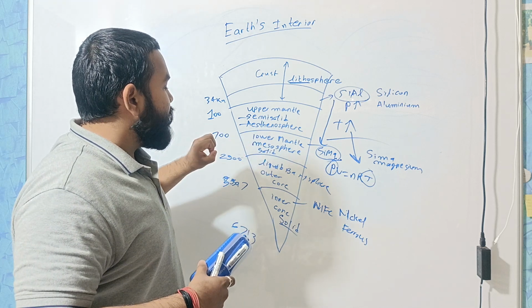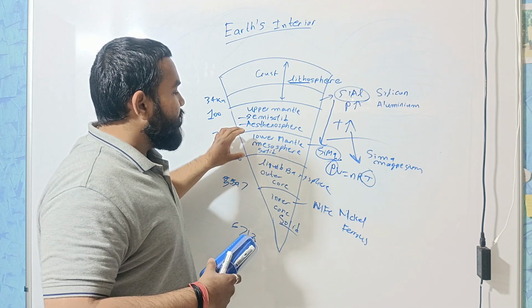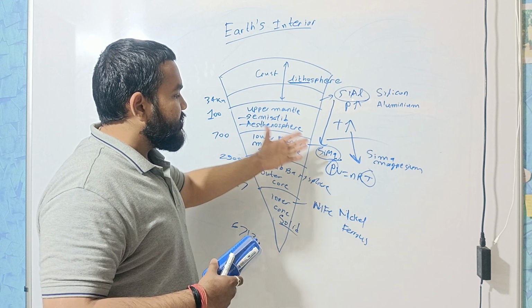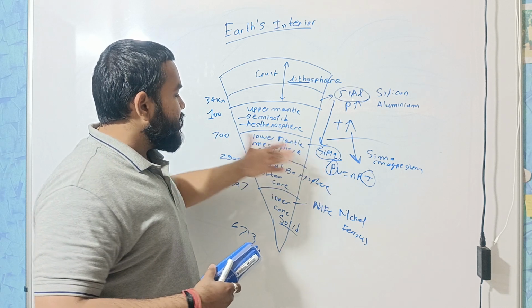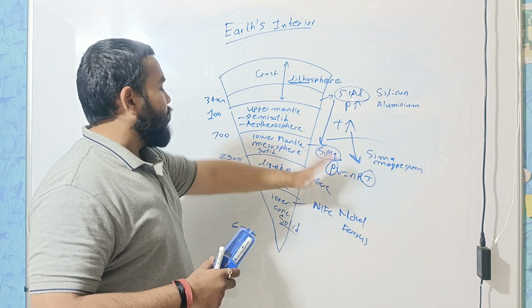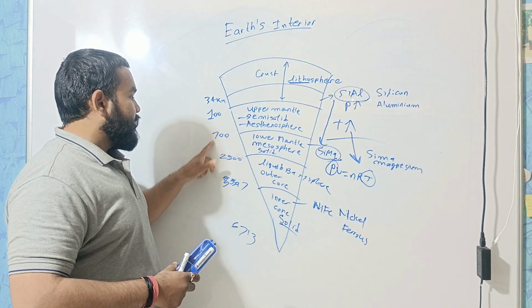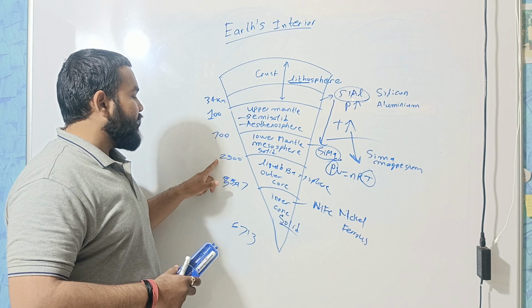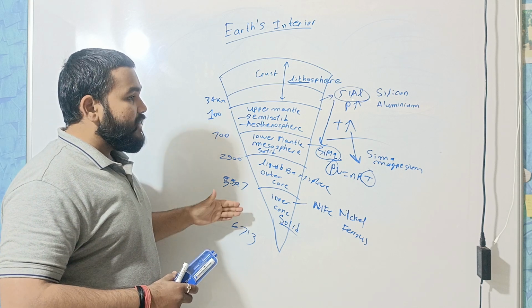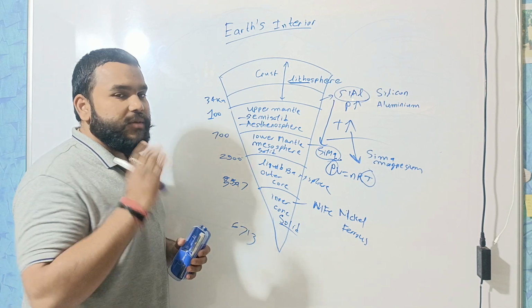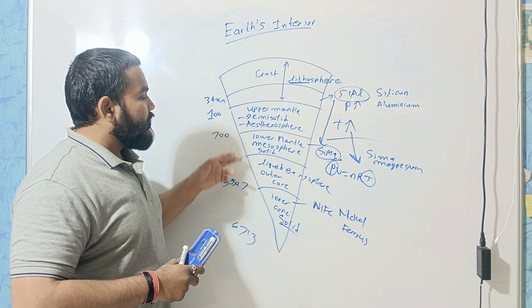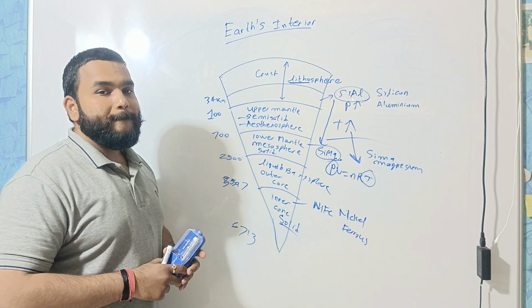Then lower mantle is basically a mixture of silicon and magnesium. So just forget that part. Just look at the distances, here 700 kilometers, there 2900 kilometers. Just imagine how much temperature these types of rocks are handling.